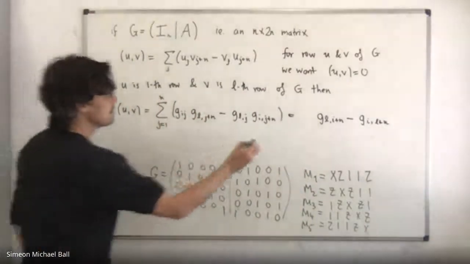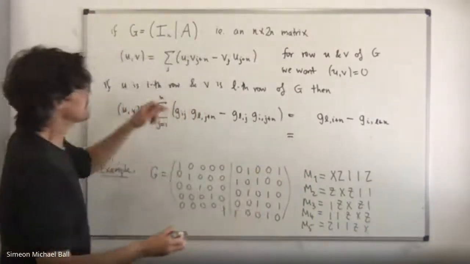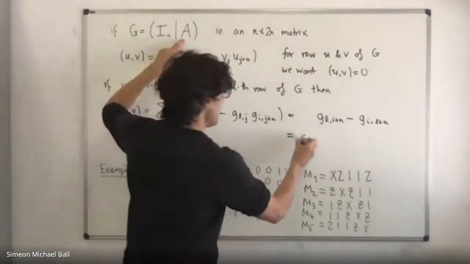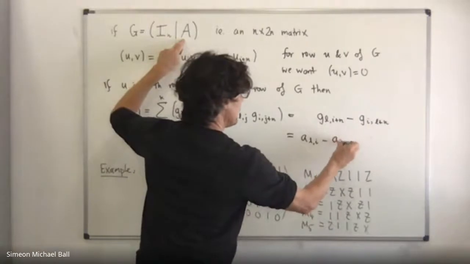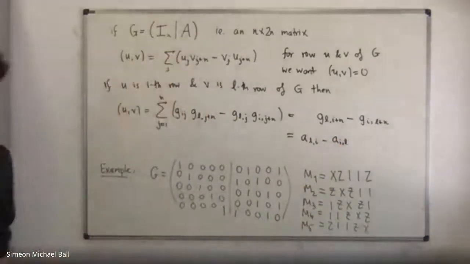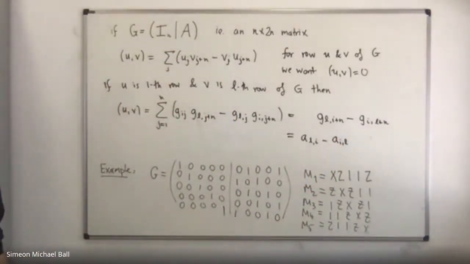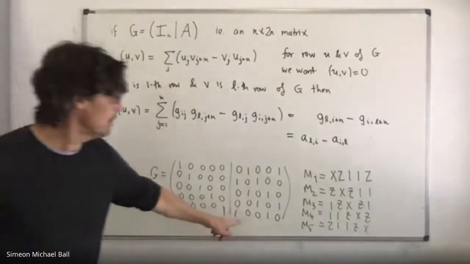But what is G_{l,i+n}? Well, that's A_li, and here this is A_il. And now you see why this is always going to work.